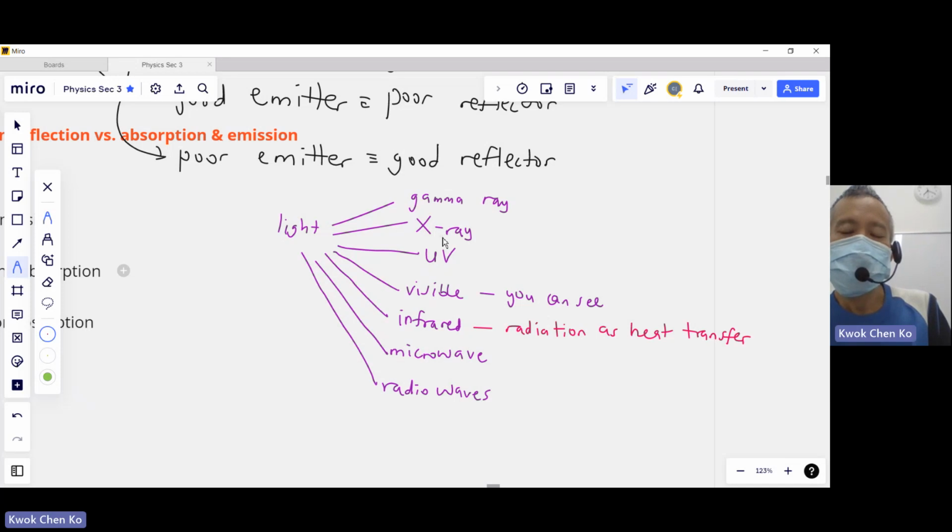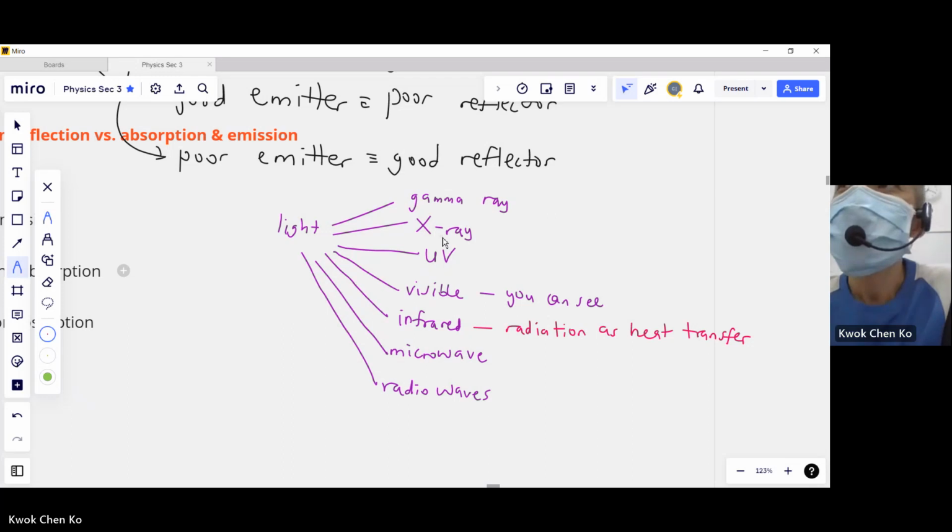For the rest, I won't mention anything yet, unless you want me to. Otherwise, you leave it for another day. How do you see them? You can't see them. You can only see visible light. You need other methods to detect them. They are not visible, so they have no colors.